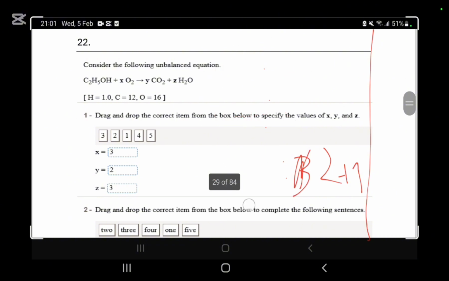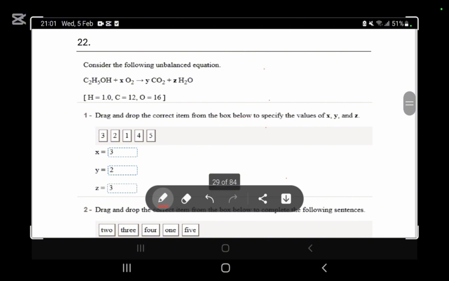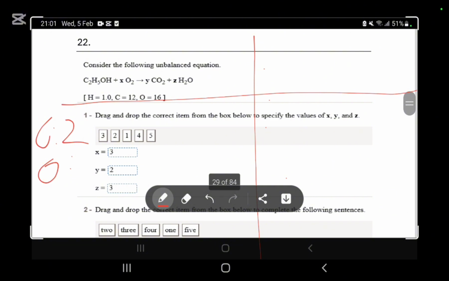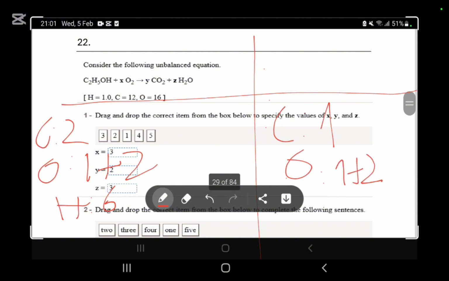I'm gonna have to do this all over again. So C is 2, O is 1 plus 2, H is 6. Then here we have C is 1, O is 1 plus 2, then H is 2.